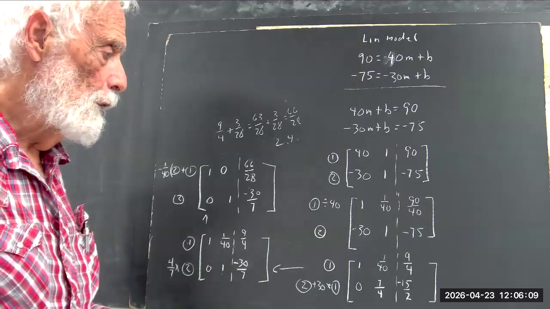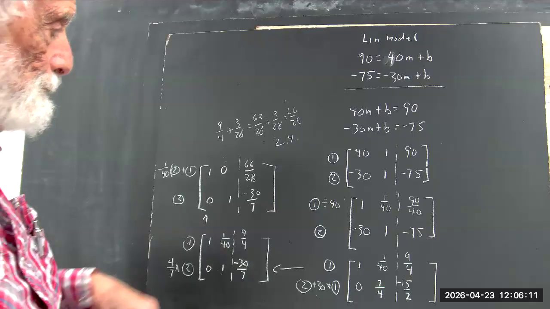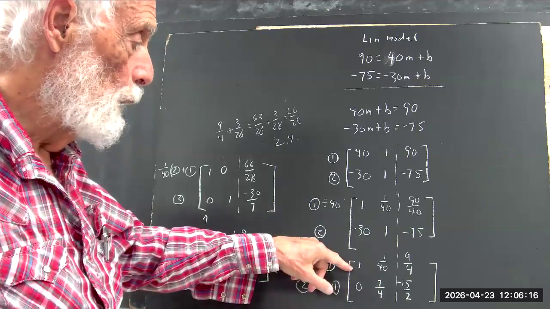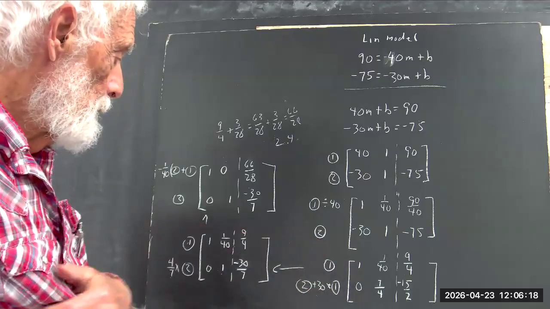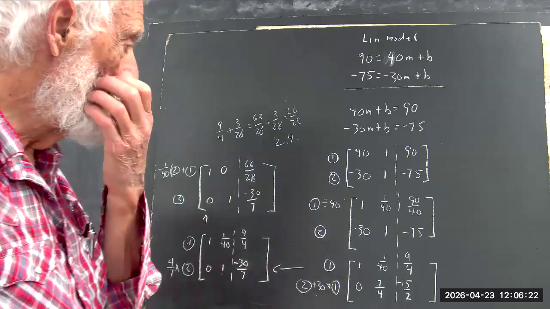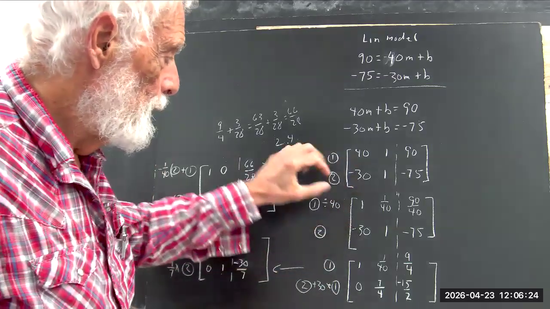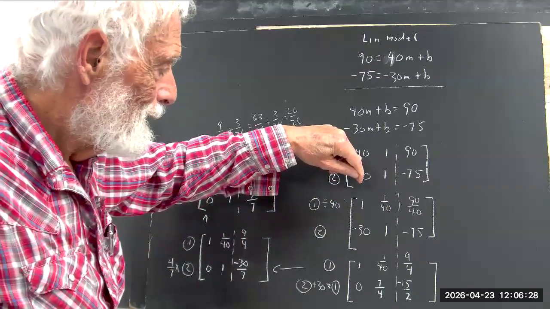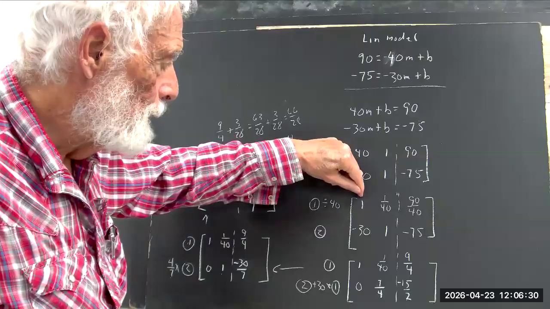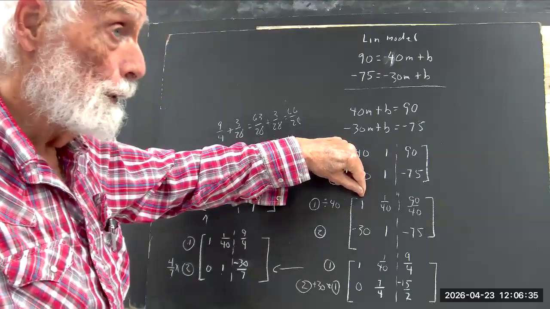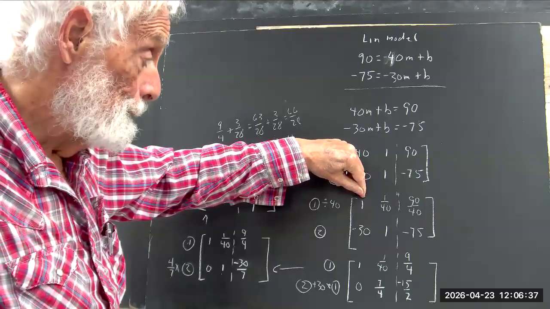So for equation 2, in the next step, we keep equation 1 the way it is. We got the 1 where we want it. We do equation 2 plus 30 times equation 1. If we look at the old equation 1 and equation 2, we see if we multiply the number in the first column of the first row by 30, we're going to get 30 because that number is 1.